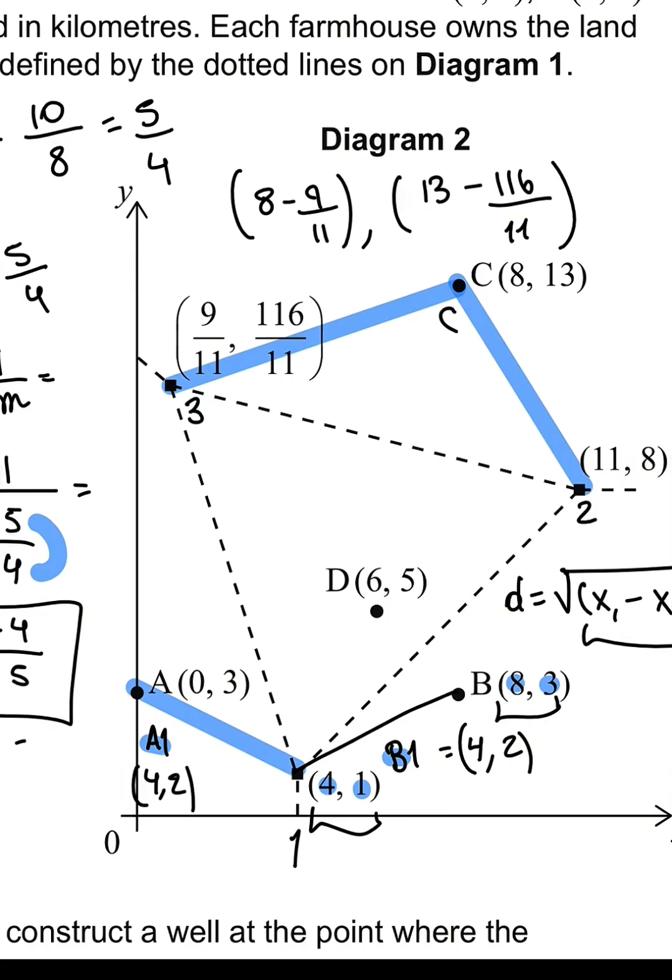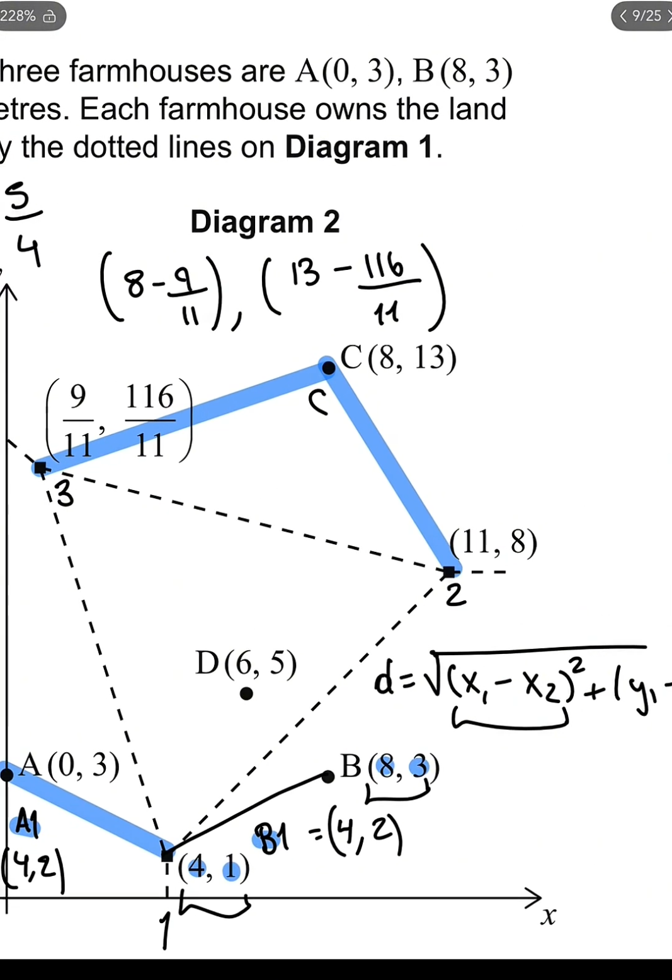So 8 minus 9 over 11 is 79 over 11, which if I convert to decimals is around 7.18.